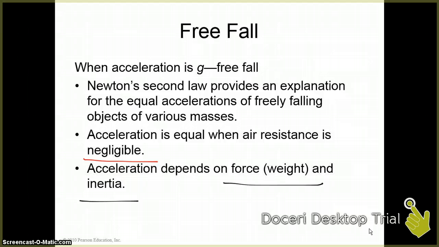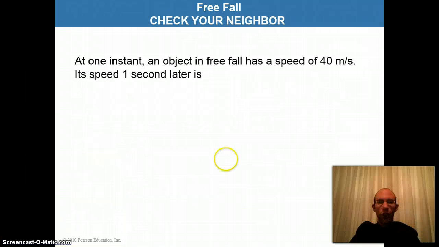But it also has a lot more inertia than the feather. The feather has hardly any inertia at all compared to the cannonball. And when you consider both weight and inertia together, then you will understand that the acceleration is going to be equal when air resistance is negligible.